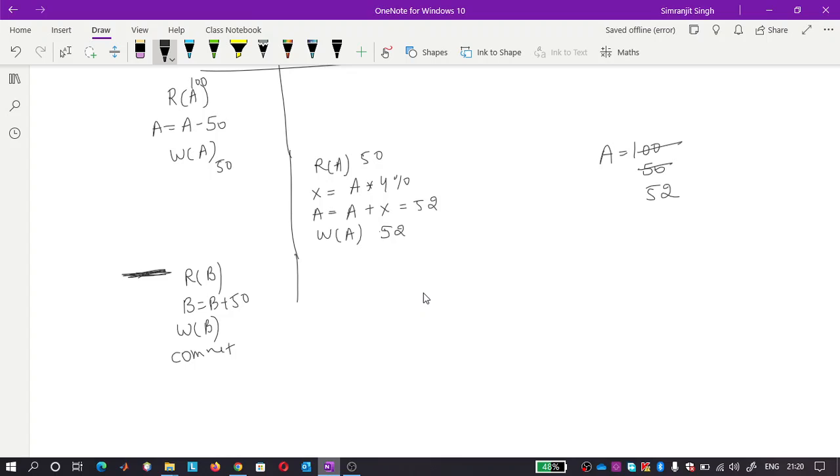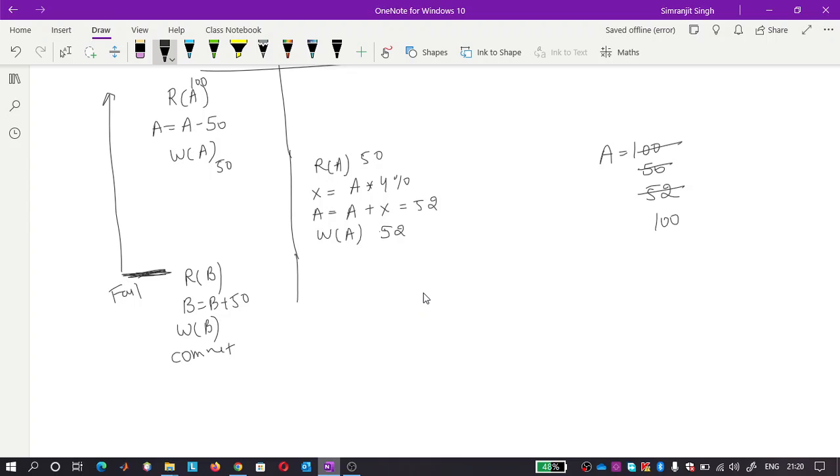this particular transaction failed. If this transaction failed, it is all or nothing, so atomicity will come into play. It will roll back the values, whatever the values here, and change the value of A to 100 again.